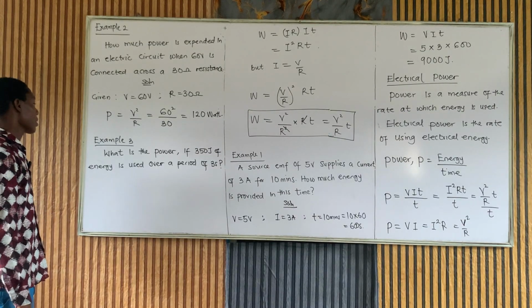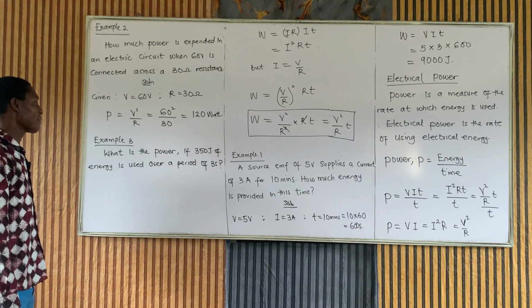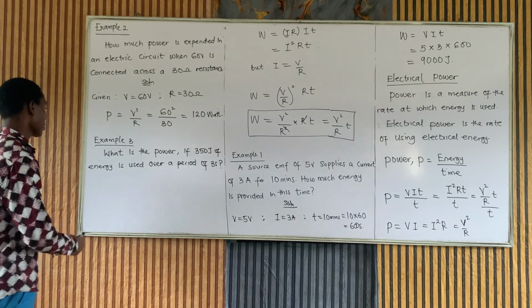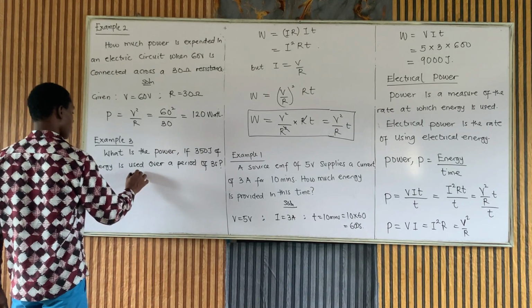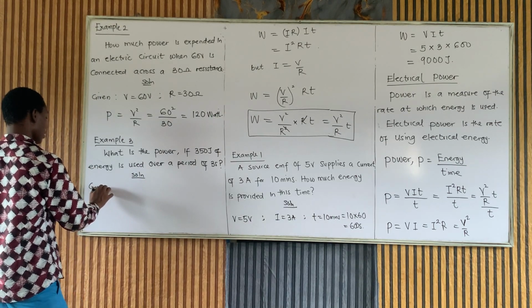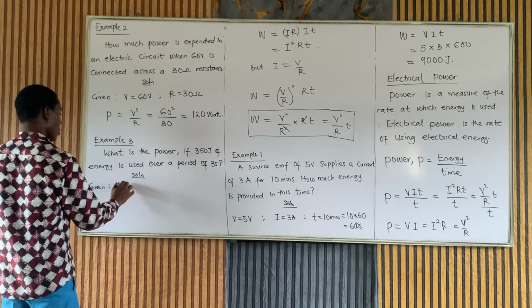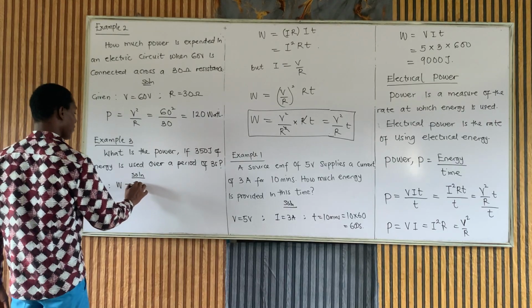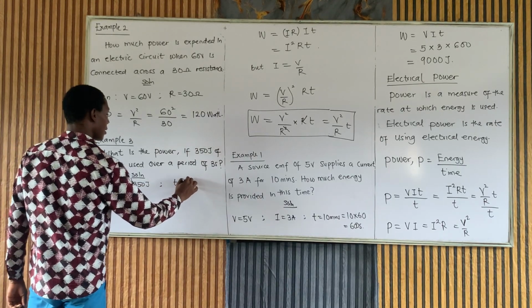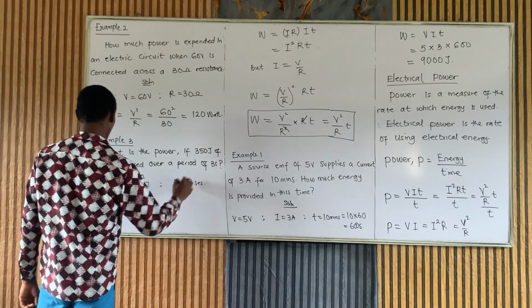Example 3. What is the power if 350 joules of energy is used over a period of 3 seconds? Here, we are given that the energy is equal to 350 joules and the time is 3 seconds.